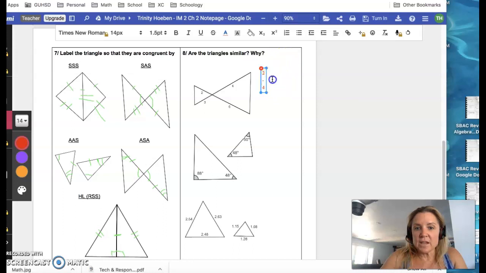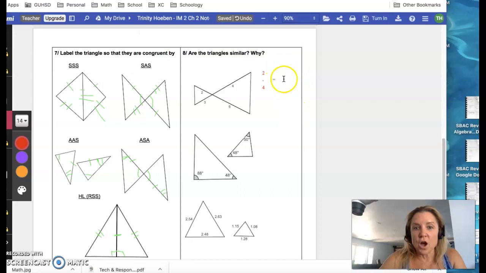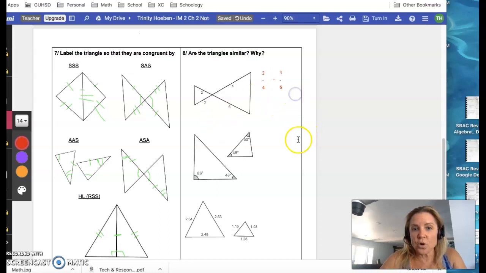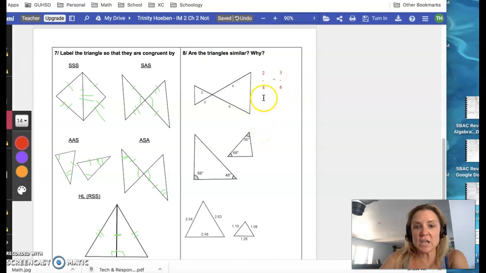Then I'm going to see if these two fractions are equal. So the longer side on the left triangle is a 3. I'm going to make it into a fraction. The longer side on the right is 6. So my proportion is 2/4 is equal to 3/6. We're going to see if that's true.